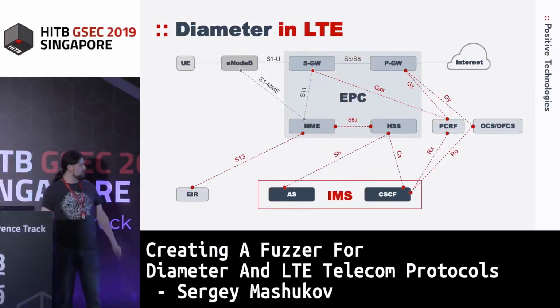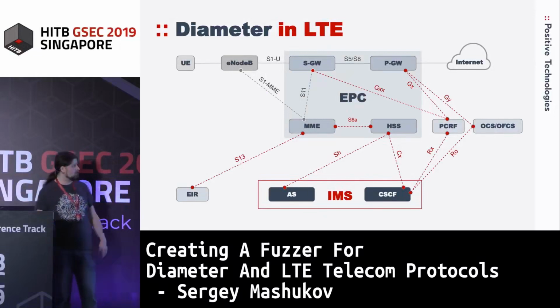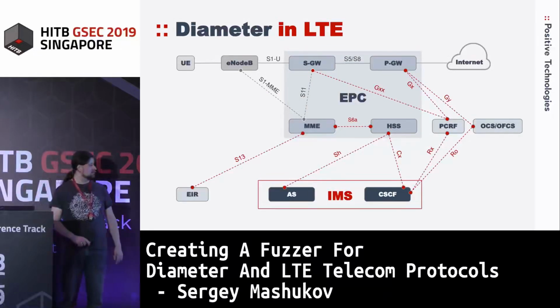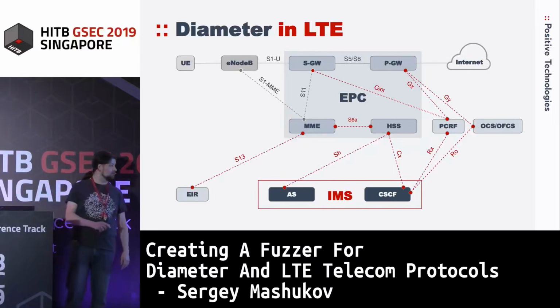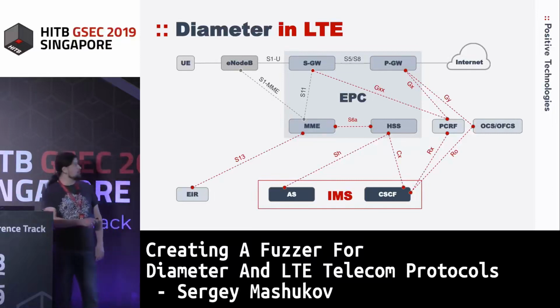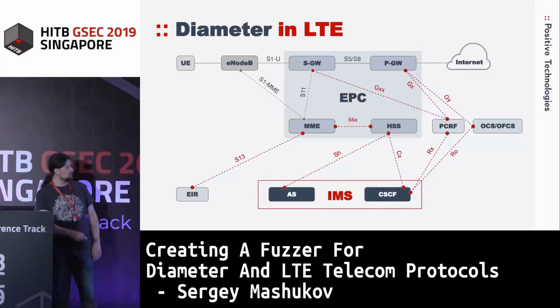Let's see where it is used now in 4G and LTE. Well, basically everything in red is Diameter. So you have your user data path and you have signaling in the core.